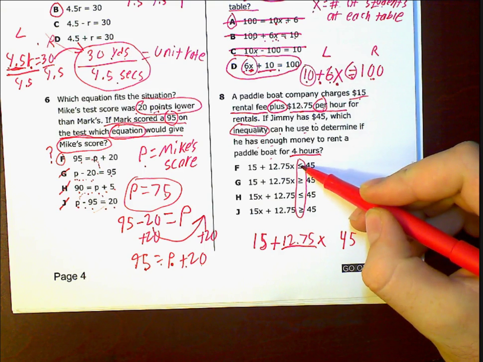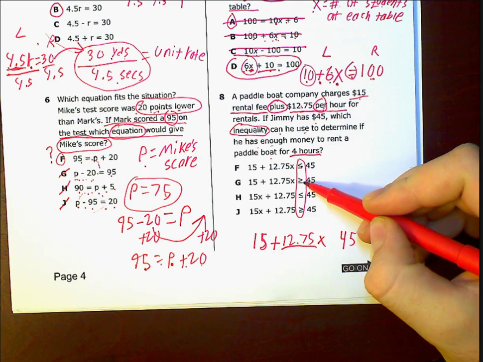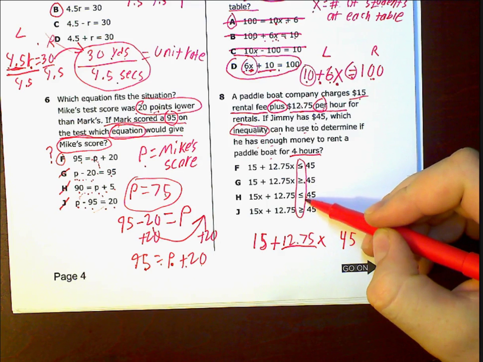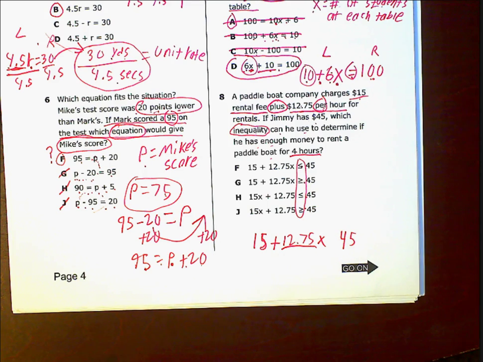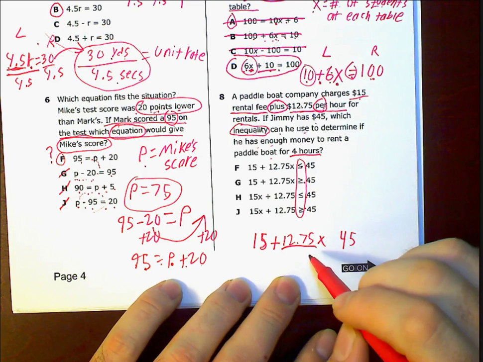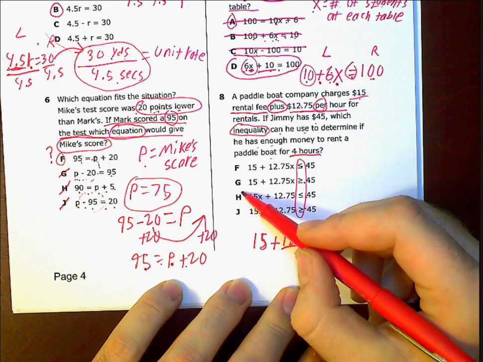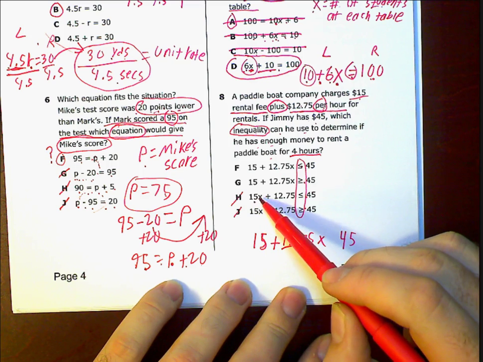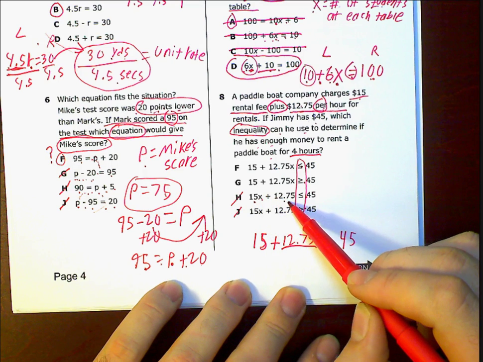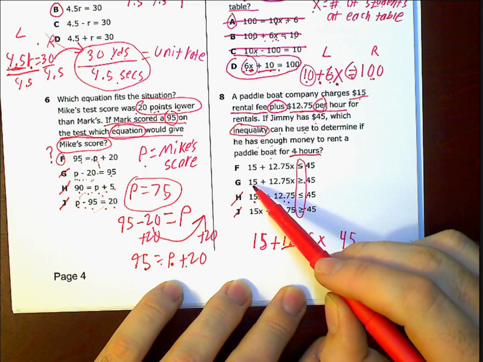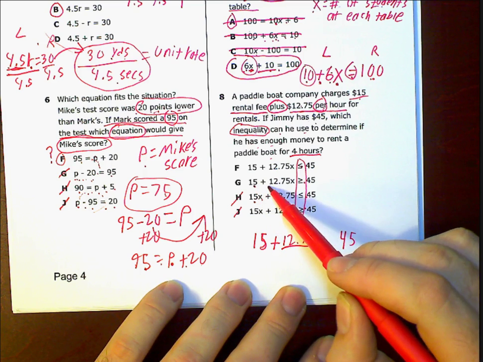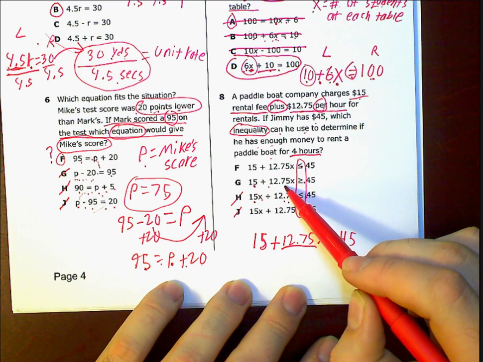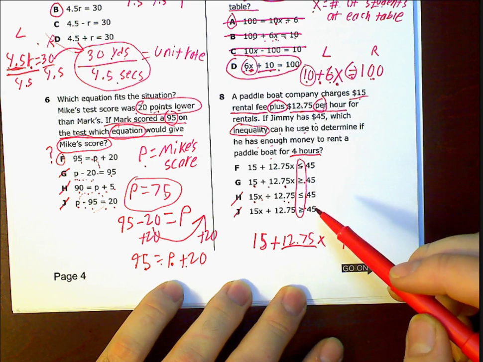This one is less than or equal to, greater than or equal to, less than or equal to, greater than or equal to. Well, right off the bat, we can eliminate H and G because the rate is not $15 per hour plus an initial fee of $12.75. It's an initial fee of $15 plus a rate of $12.75 per hour. So they flip that on us.